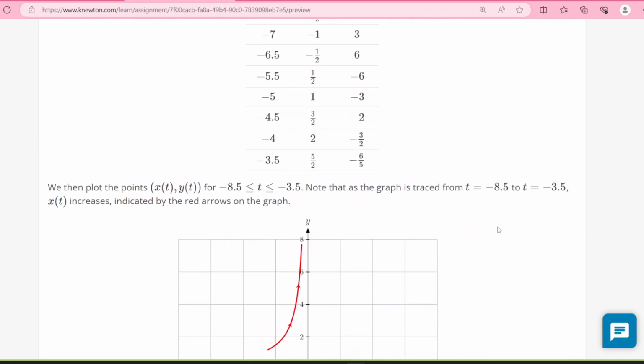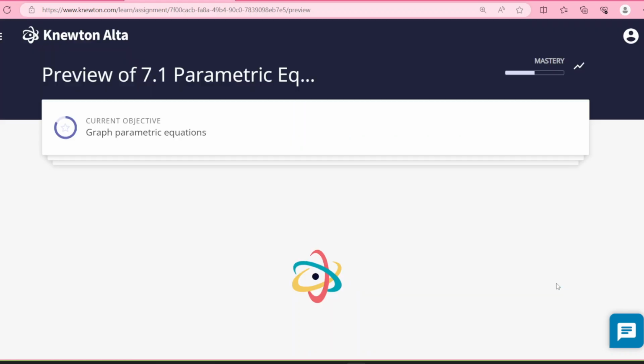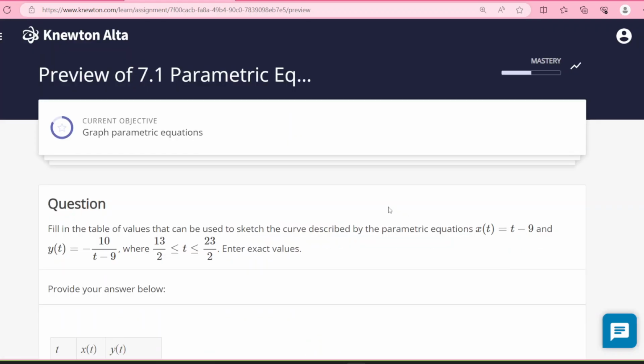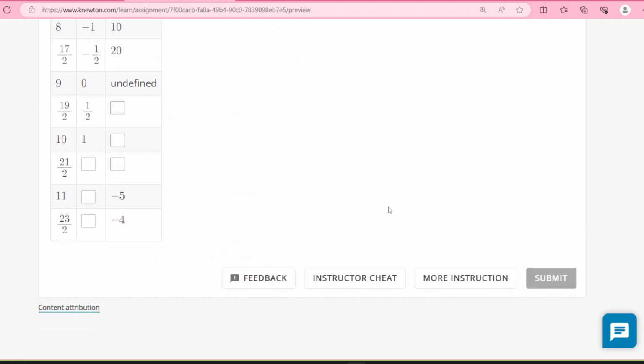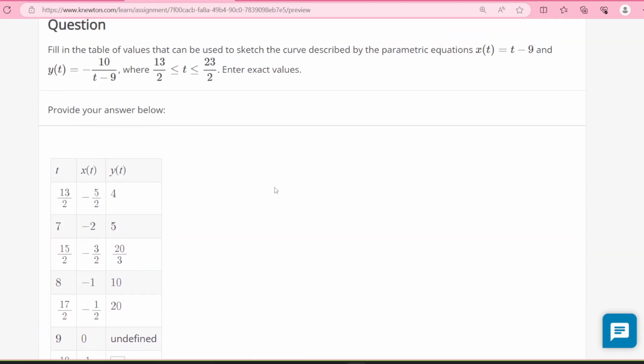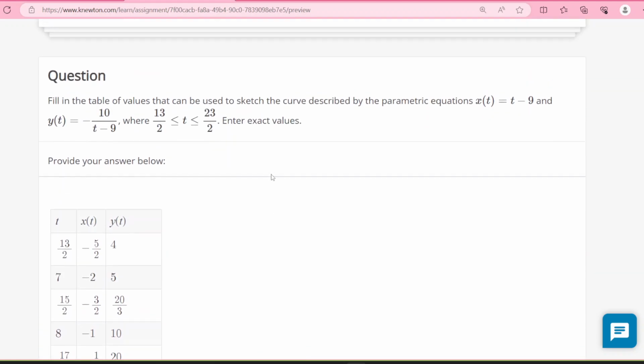Now they do a whole table thing here. This is very similar, but all they're doing now is asking us to fill in a table. So we saw one like this earlier. I'm just going to say these things out loud. So fill in the table of values that can be used to sketch the curve.